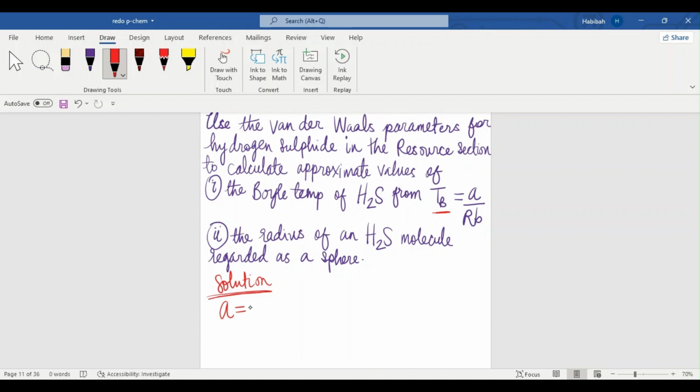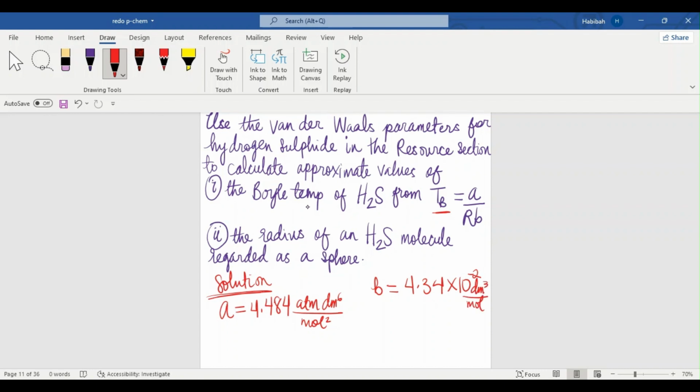It is 4.484 atmosphere dm6 per mole squared. And the value for B, the parameter that involves volume, is 4.34 times 10 to the power of negative 2 dm cubed per mole. So these are the values.